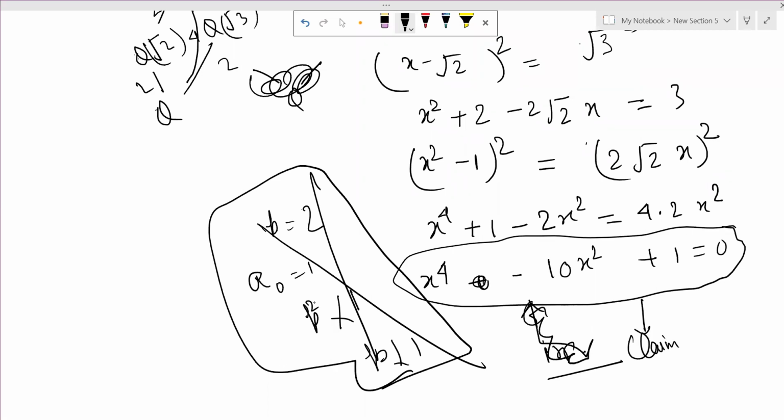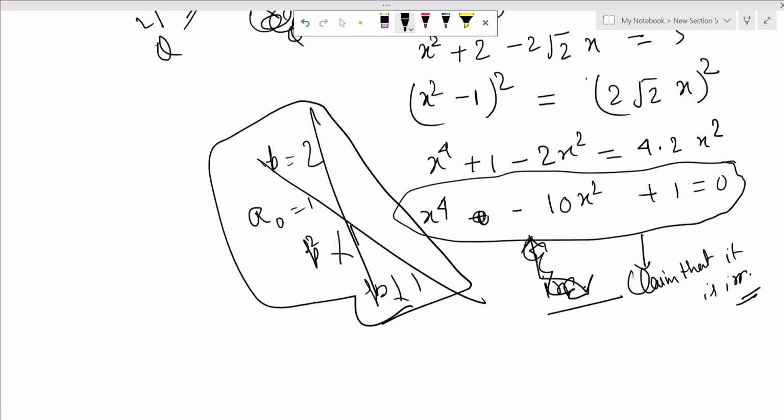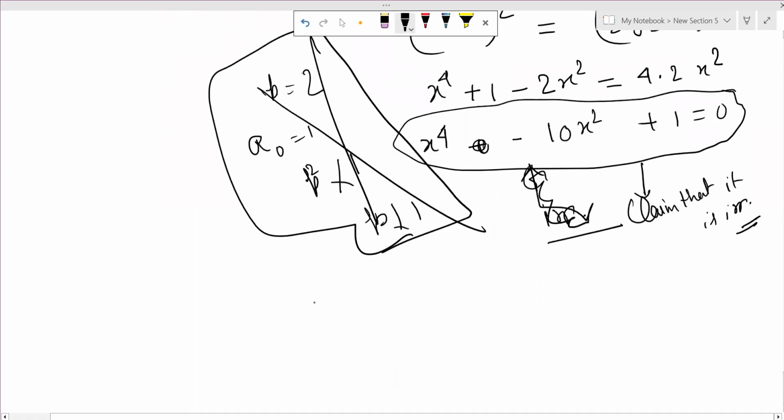Claim that it is irreducible. If you prove this is irreducible, then you are done by the argument I already gave. So how will you prove this is irreducible? What is the natural way? If you don't have any tool to prove such a polynomial irreducible, let's assume this is h(x).